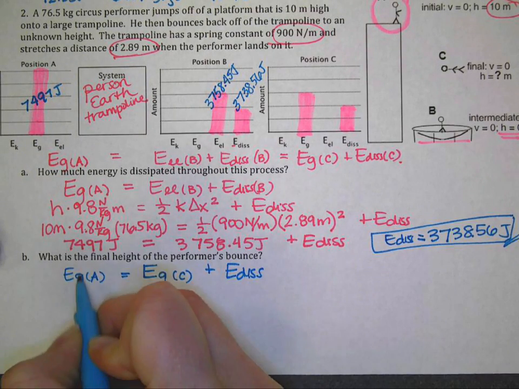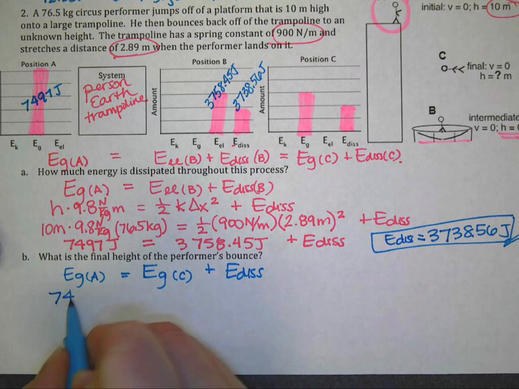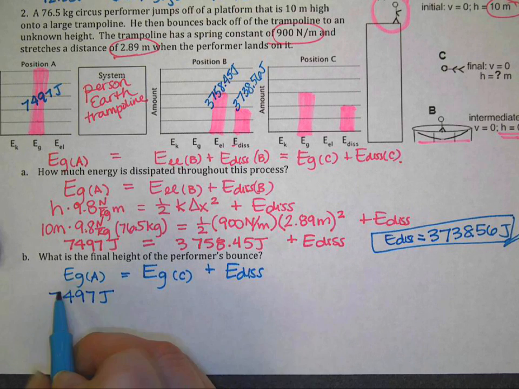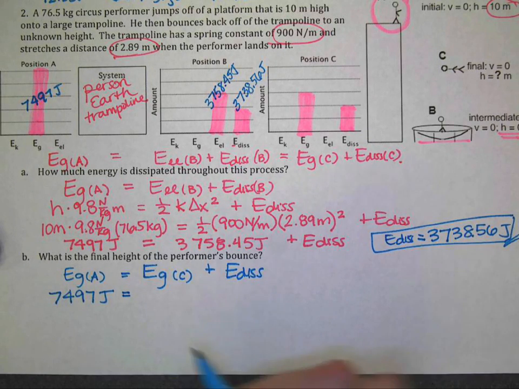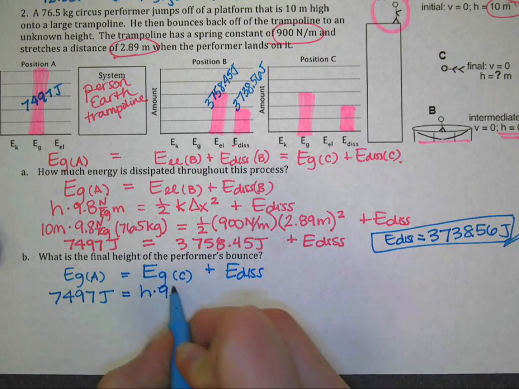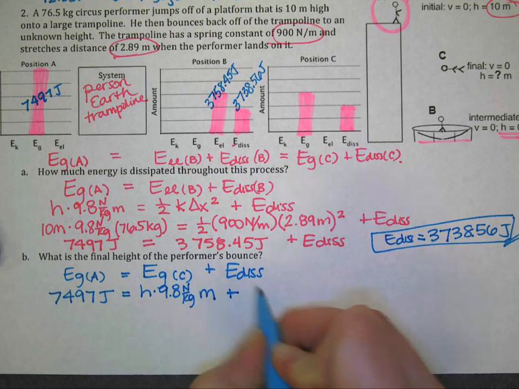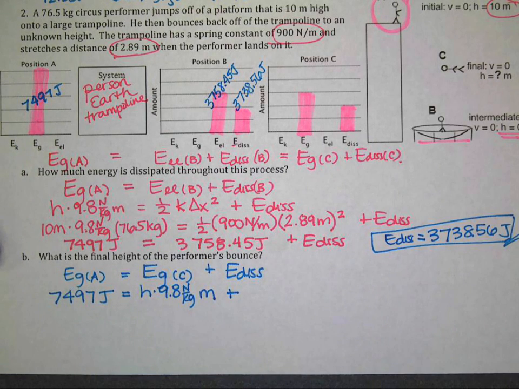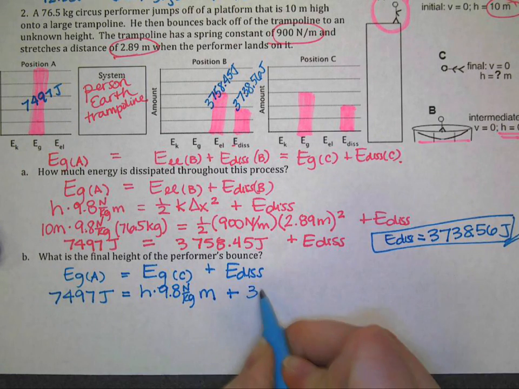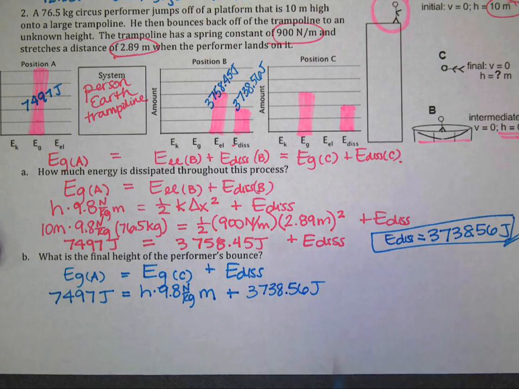We know from above that our energy stored gravitationally at position A was 7,497 joules. You could go through and recalculate that with h times 9.8 times mass, or you can just plug that in. It is equal to our height times 9.8 newtons per kilogram times our mass, plus the energy that was dissipated, which is again a value we calculated in the problem above, 3,738.56 joules.